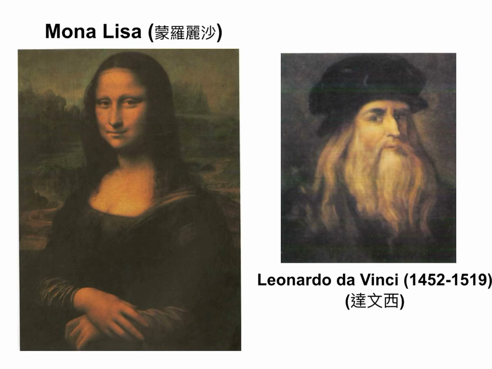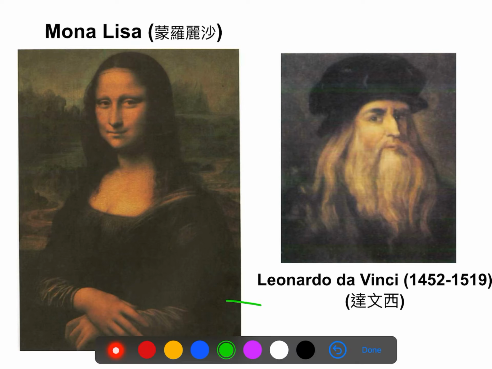So if you look at the painting, you can see the lady, Mona Lisa, looks real, or realistic, and it also used a technique called perspective. You can see the background of the Mona Lisa is smaller and fading out, and the painting shows that she looks like a real human body, and her emotion and her life look real.